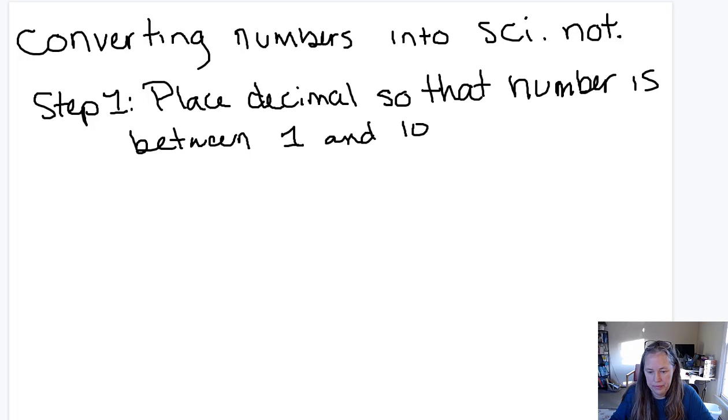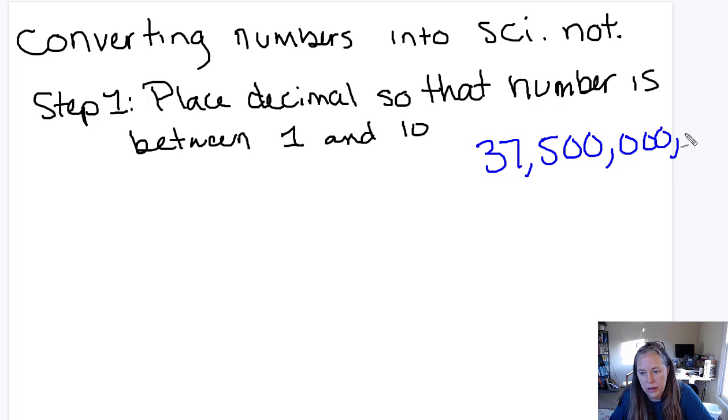So for example, if we had 37,500,000. Okay, we want our number between 1 and 10, so we're going to place that decimal, let me switch to red, between the 3 and the 7, because then we have 3.75, and that gives us a number between 1 and 10.